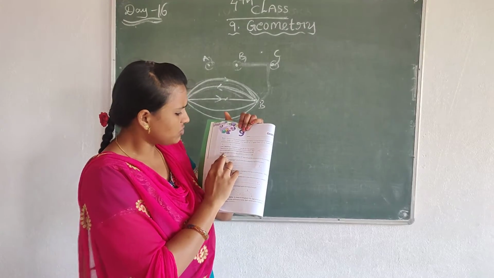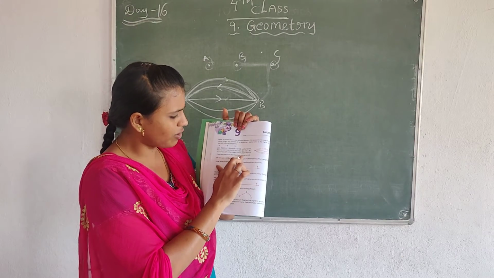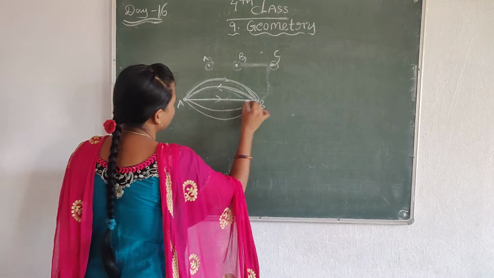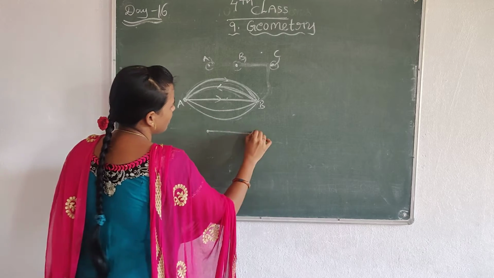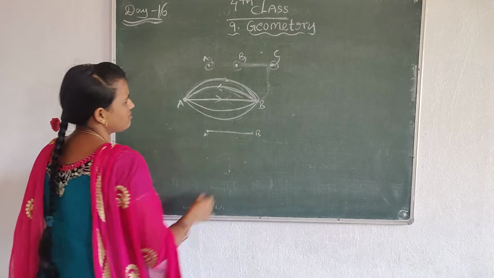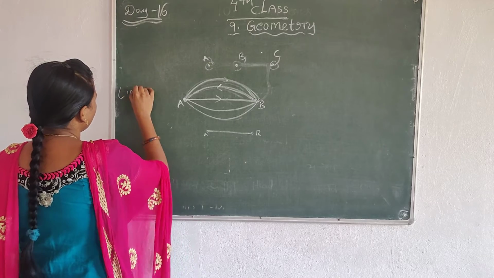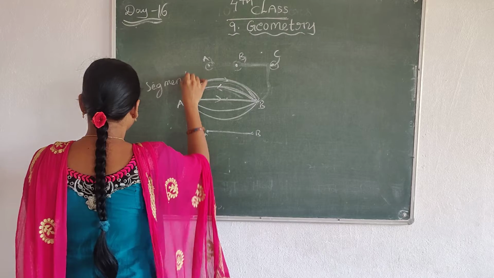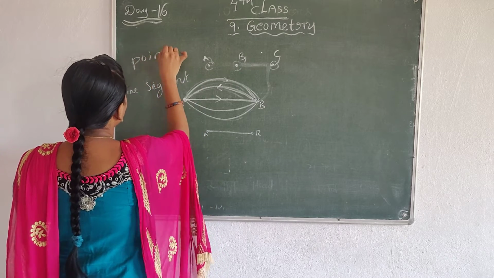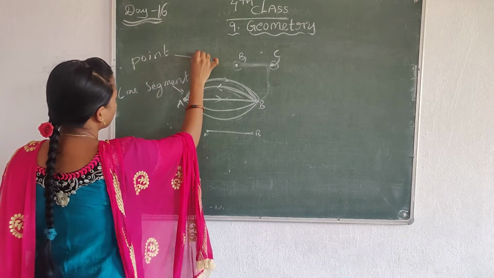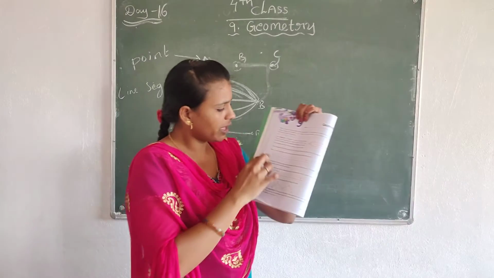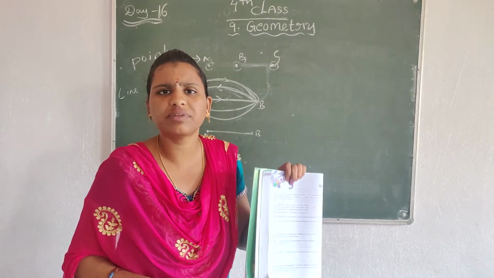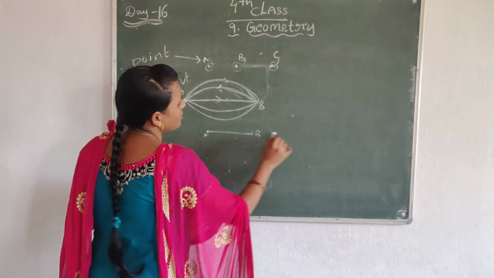The straight path from A to B is called a line segment. So what is a line segment? This straight line is the line segment. How do we represent the line segment AB?